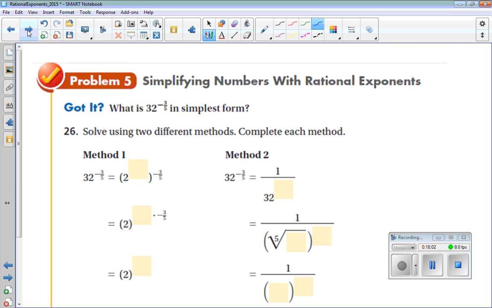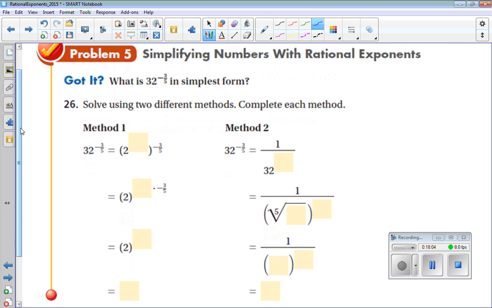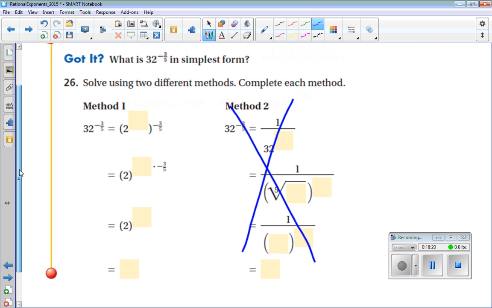Okay, so let's look at this one. And I'm going to cross off method 2 because I don't want to show you more than one way to do it. I'm just going to show you one. So let's look at this example. What is 32 to the negative 3/5 in simplest form? Well, first thing I notice is I have a fraction in my exponent.